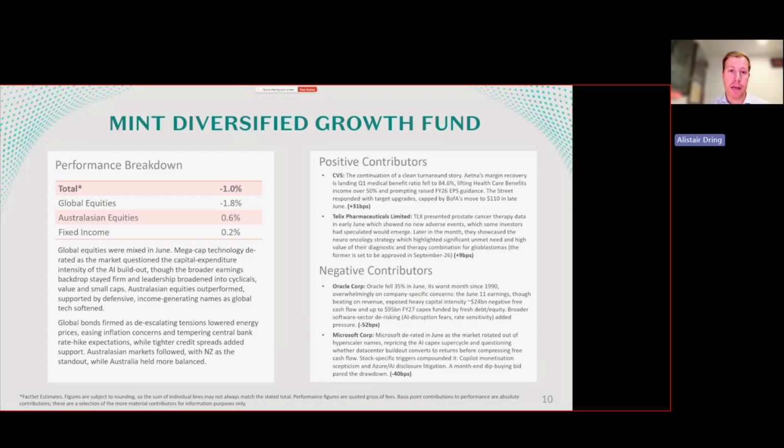Names to call out again: CVS, a defensive healthcare name, adding 31 basis points, and then in the Australasian equities fund, Telix, again a strong performer through the month, adding 9 basis points. And no surprise to see some of the tech mega cap names really dragging on performance for the month.